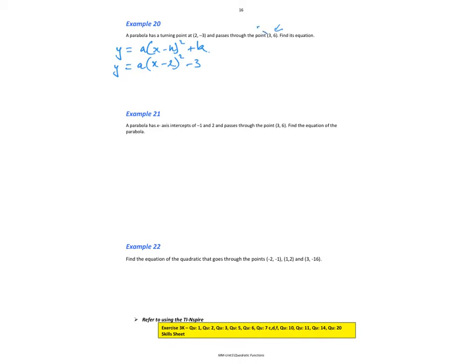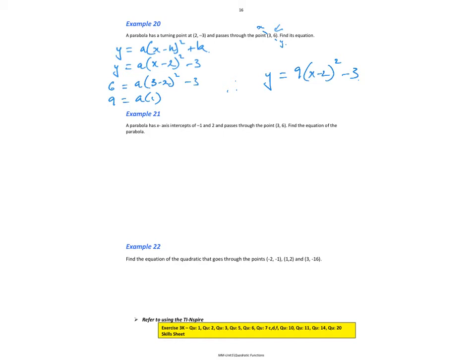So again, x, y. So we've got 6 is equal to some a times (x minus 2) all squared minus 3. Solve for a, so take 3 across. A times 1, so a is in fact 9. So the equation of our parabola is that. So the key really will be to always remember to have that a term if you have to put it in.